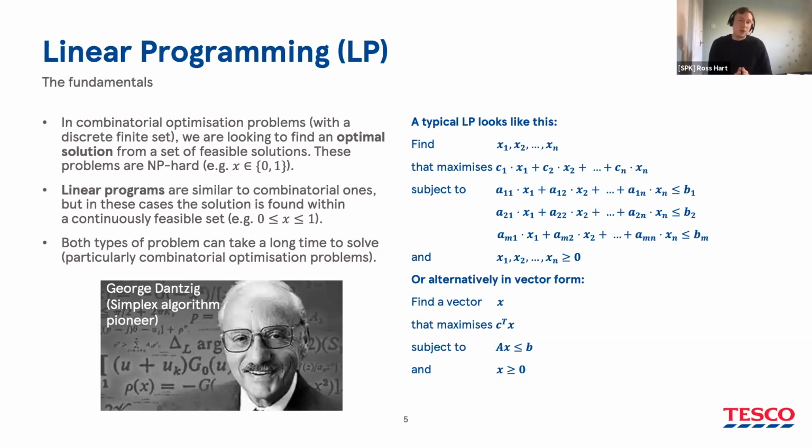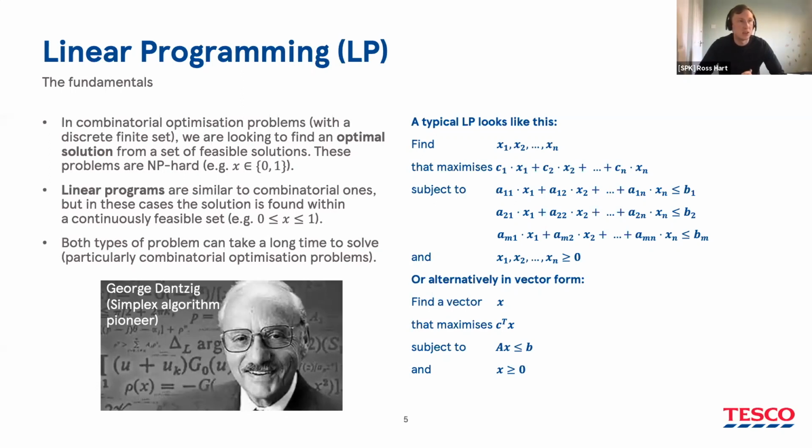So before I move on, I just want to introduce what a linear program is, and the reason I am going to introduce it is that they have a very, very specific form. A linear program is typically concerned with finding the values of different x values in these continuous sets that I mentioned earlier.